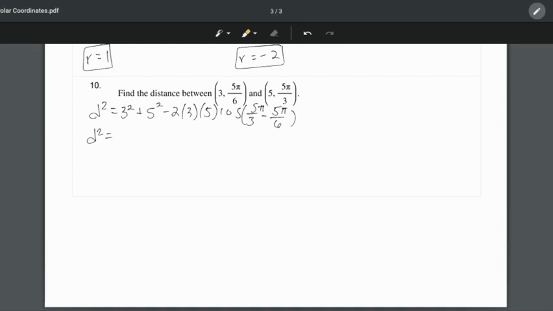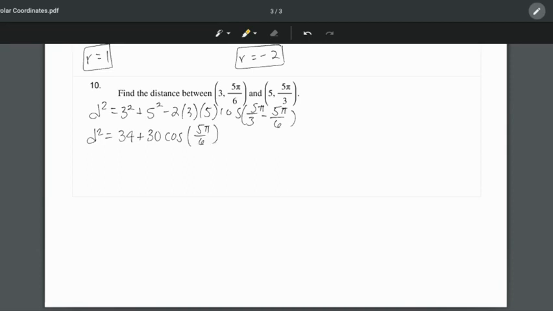And so simplifying this a bit more, that'd be 9 plus 25, which is 34. We have 2 times 3 times 5, which would give us 15 times 2, so 30. And so we have here 34 plus 30 times the cosine of 5 pi over 6.